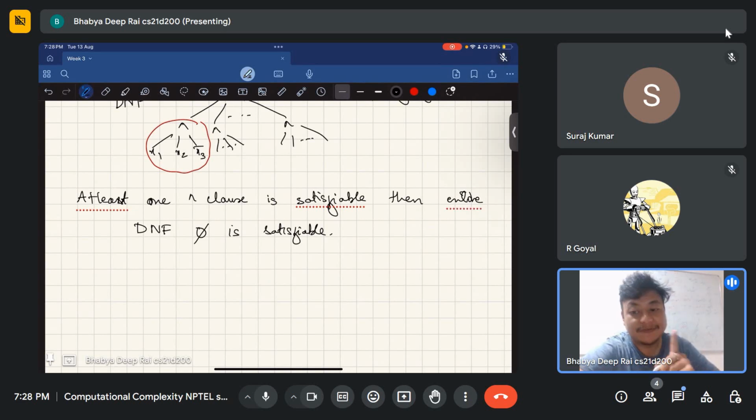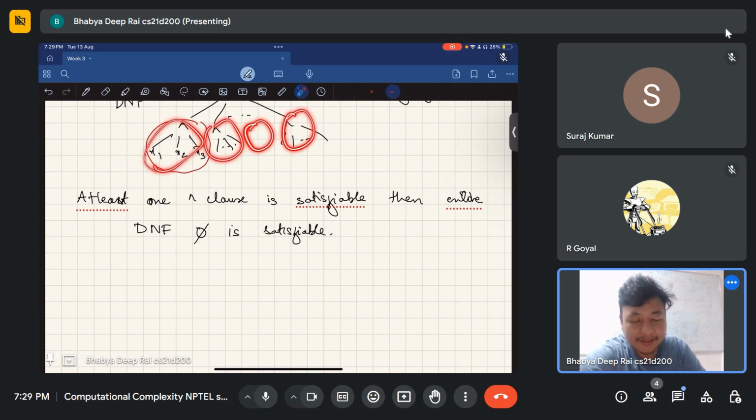Even if one of them is satisfiable, then the entire DNF is satisfiable. Now here is the strategy. I go over each clause, first this, then so on and so forth. I check whether each of them is satisfiable. Even if one of them is satisfiable, I'm done. Is that clear?